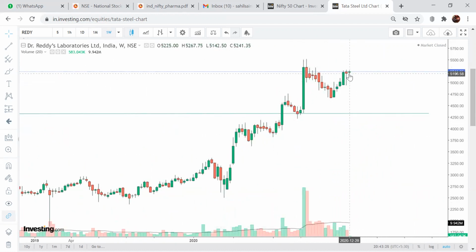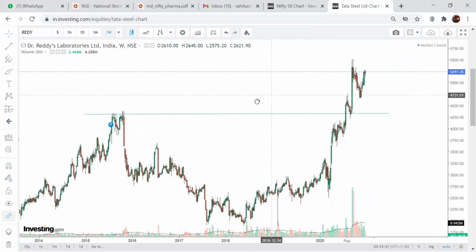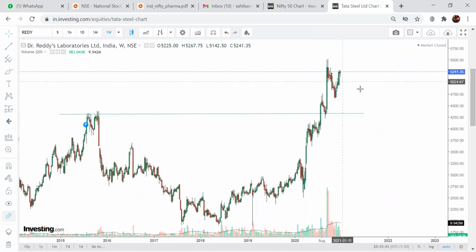This is the entry place, and how much can it do? 2000. It can go around 6500, maybe 6000. Yeah, but range is till 6500. Let's see.